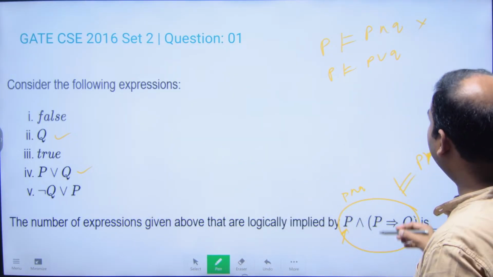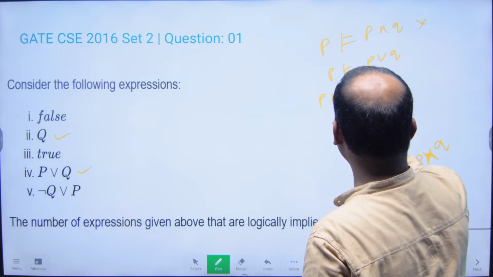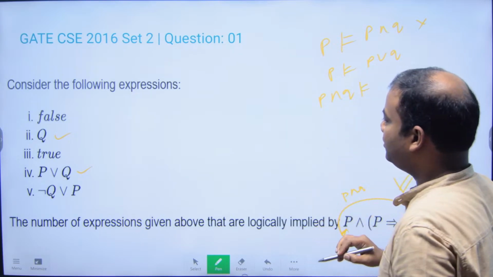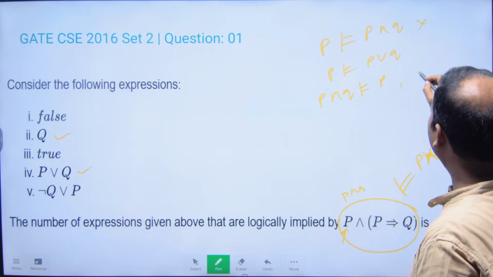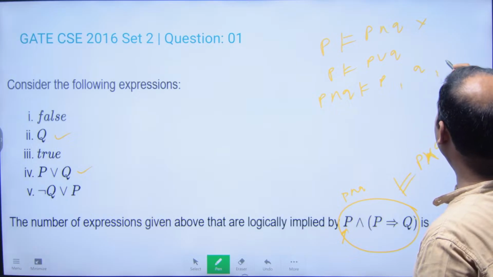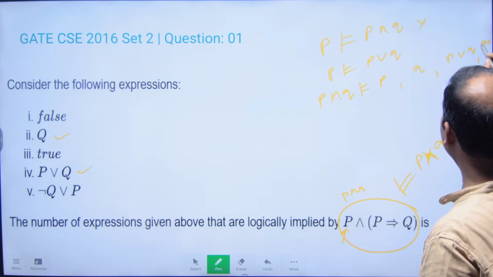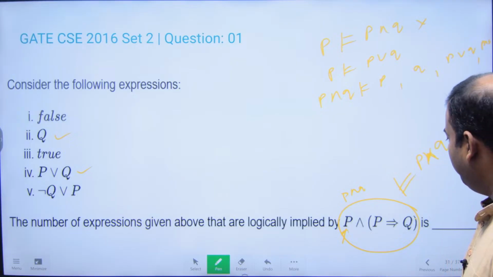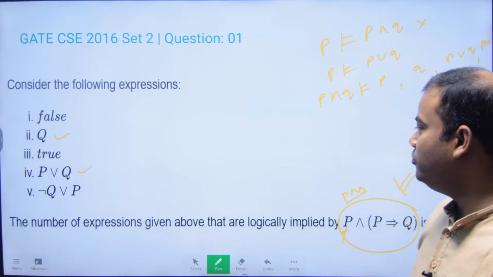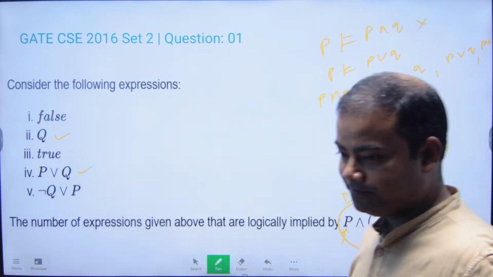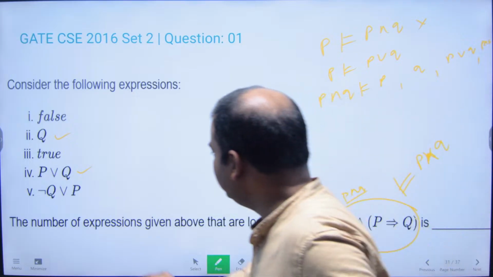Even so, from P and Q you can conclude what? You can conclude P also, you can conclude Q also, you can conclude P or Q also, you can conclude P and Q also, many things you can conclude. And because this is P and Q, you conclude these two definitely. So can you conclude this also?